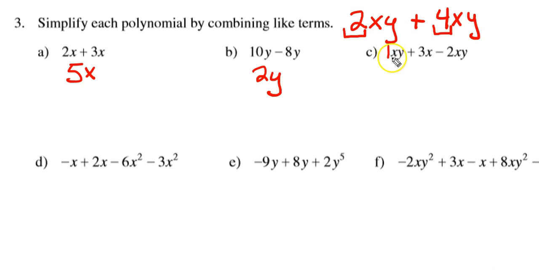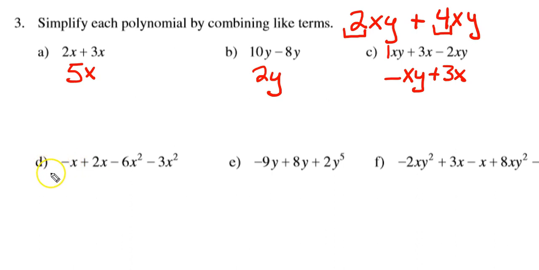There's always a 1 there. So we have 1xy minus 2xy's would leave us with a negative xy, and then plus 3x. We only combine those that have identical variable portions.